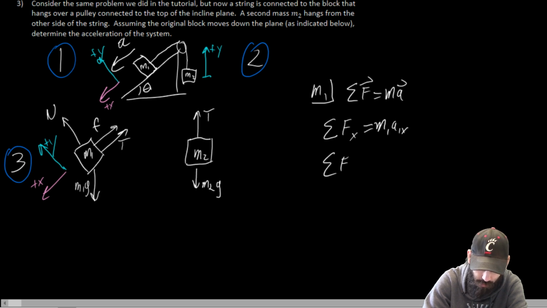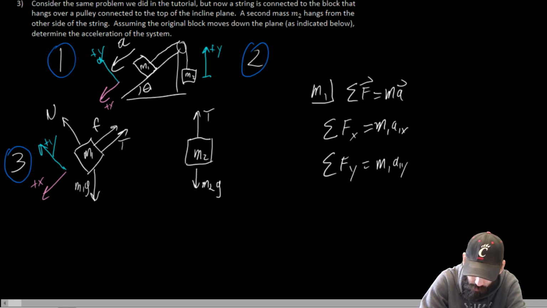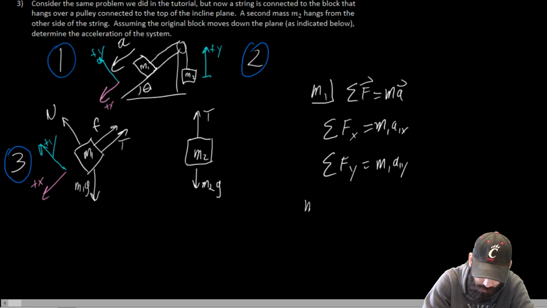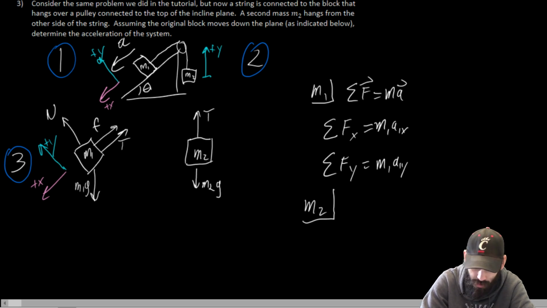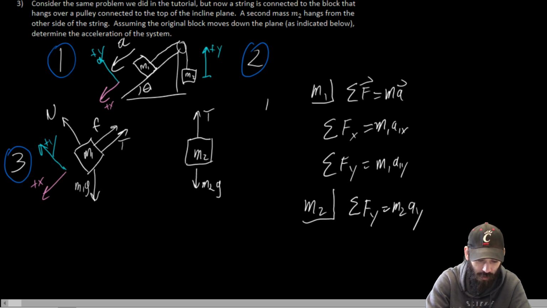Then the sum of forces in y is going to be equal to, sorry, this is still m1, so this is m1 times a1y. And then for m2, this only has a y direction, so the sum of the forces in the y direction is going to be equal to m2 times ay. So here's our step 4.